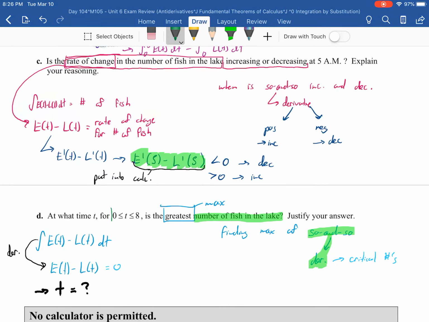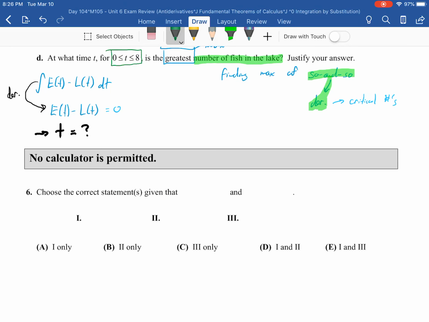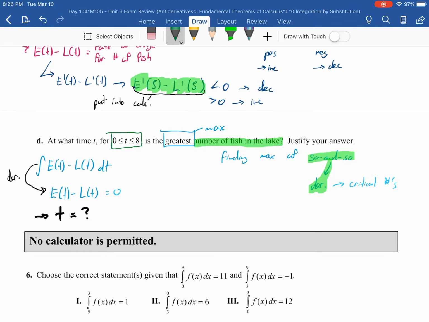Since we're given an interval, at this point, since it's asking us just what is the greatest number of fish in the lake, all you have to do is test each of these t-values into the expression that gives us the number of fish.